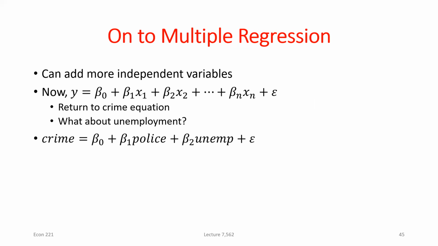So you can imagine, as I add in more variables, what probably happens to R-squared? If I think about the percent of the crime rates I can explain with 2 variables, what do you think happens when I have 12 variables on the right-hand side? R-squared is going to go up, right?